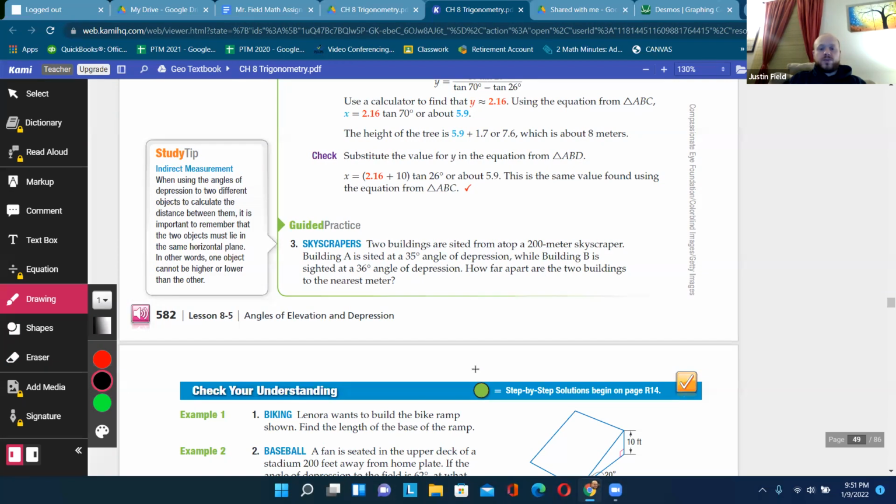Wow, that's cool. Okay, so 200-meter skyscraper. Wow, it's a tall one. And building A is sited at an angle of depression 35 degrees.